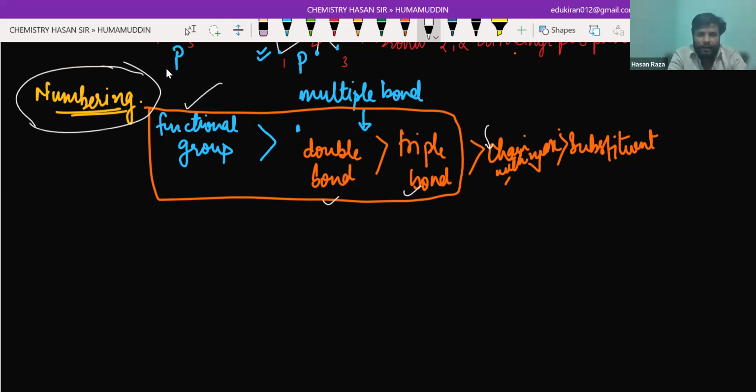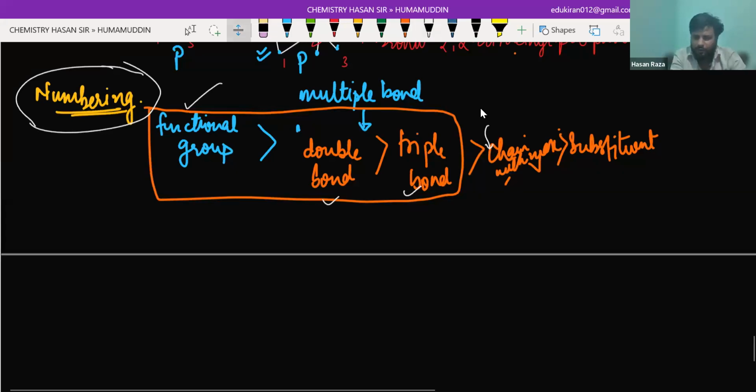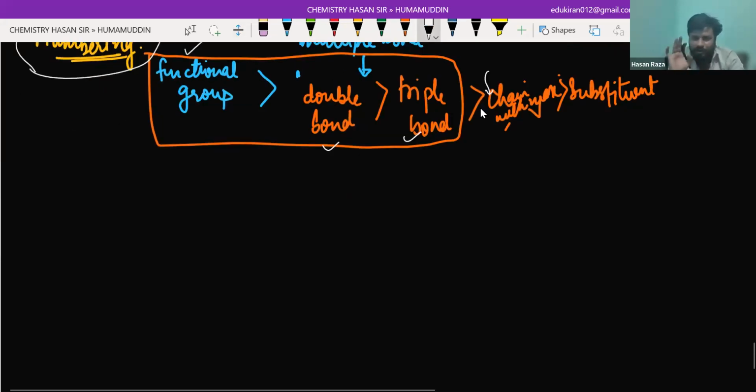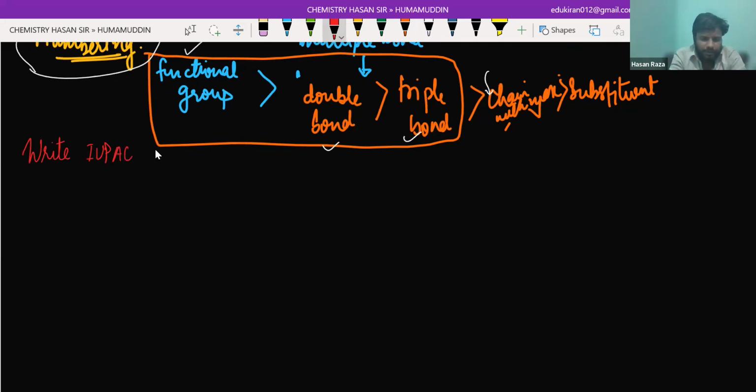Yes. Okay. Now I'm going to give you some questions which are not confusing. If your concept is clear, you can do this easily. These questions are from NCERT basically. Write the IUPAC names of the following. Take your time, but do it correctly.